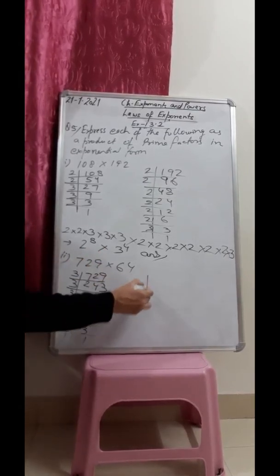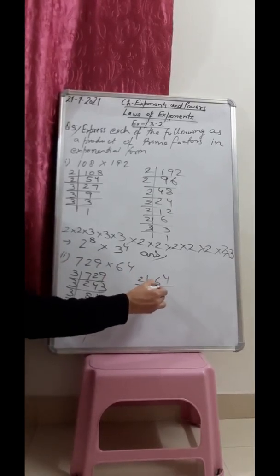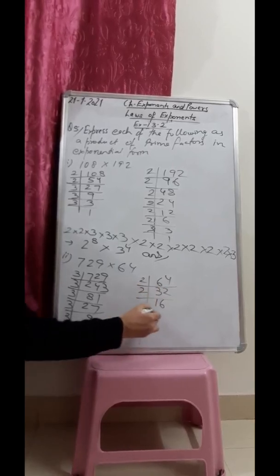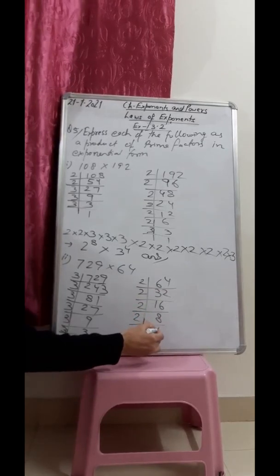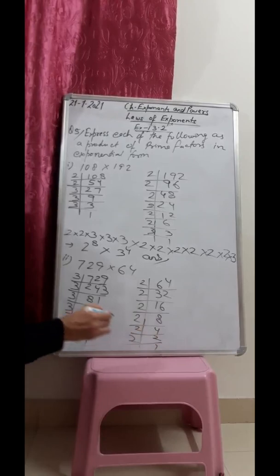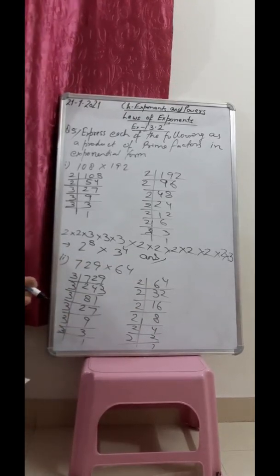And 64 will come in the table of 2: 2 32s, 2 16s, 2 8s, 2 4s, 2 2s, and 2 1s. These are the factors of 729 and these are the factors of 64.